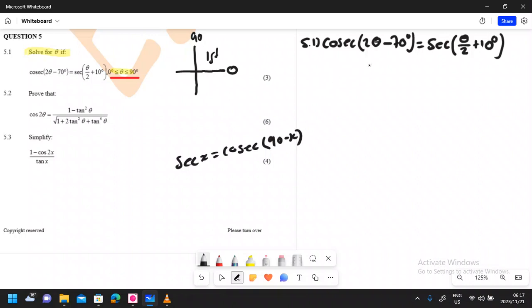If you do it the other way around, the co-ratio of cosec x is the same as sec of 90 minus x.